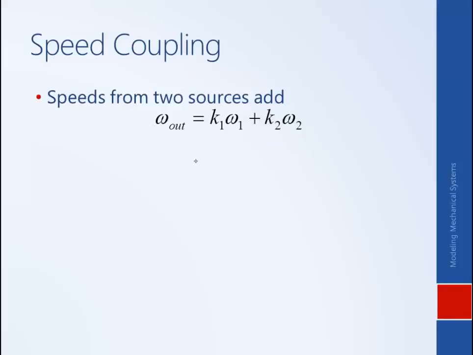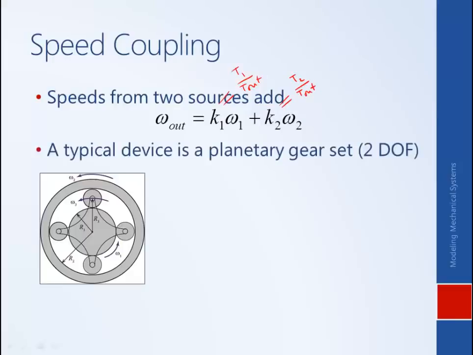If we divide through by T out, we get that K1 is equal to T1 over T out, and K2 is equal to T2 over T out. The sort of device that achieves this speed coupling is called a planetary gear set.